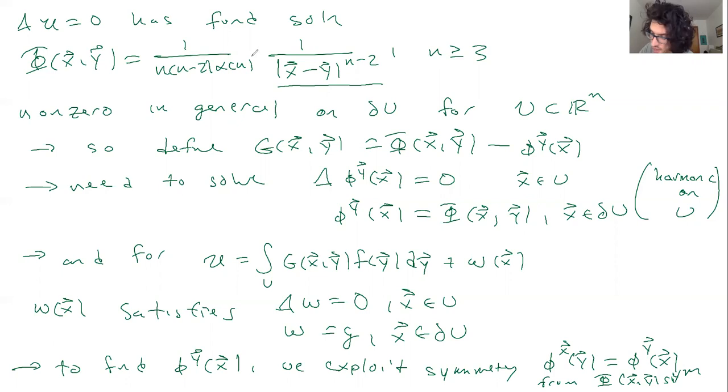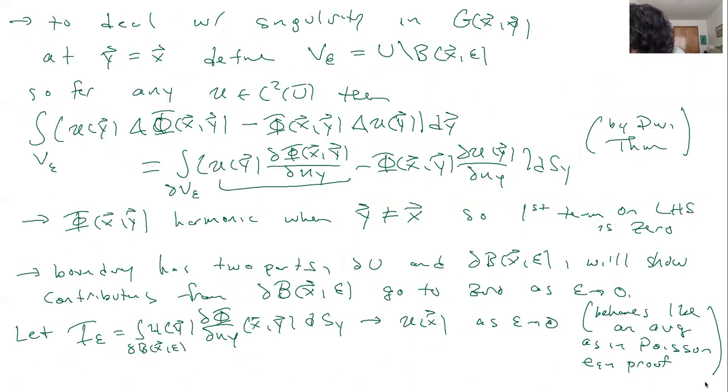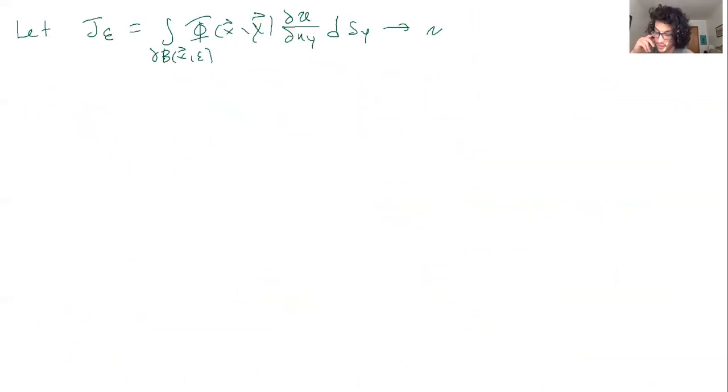and then you're going to have a term of order epsilon out in front. So what we find is that these are going to scale like epsilon log epsilon for n equals 2, and epsilon for n greater than or equal to 3.